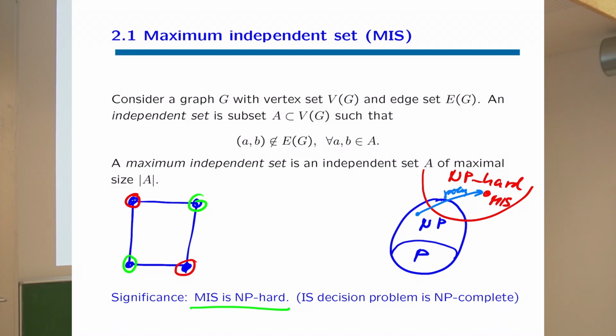So maximum independent set is probably not in NP, but this is not required for NP hard. It's just that anything in NP can be mapped to it efficiently. So the NP hard problems that are also in NP are called NP complete. And that's the last term that I explain, NP complete.